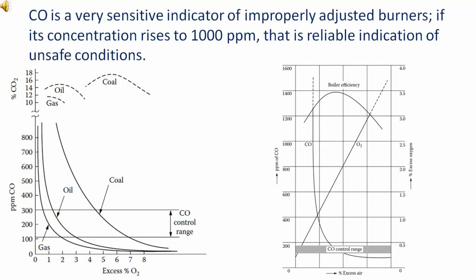Carbon monoxide is a very sensitive indicator of improperly adjusted burners. If its concentration rises to 1000 parts per million, that is a reliable indication of unsafe conditions.